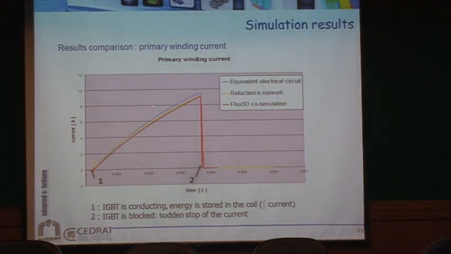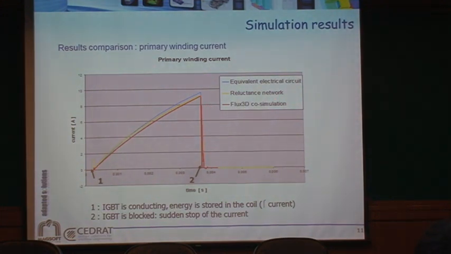And here they are. So this is the current on the primary winding. So we start filling up the current, and then we turn it off. Equivalent circuit, that's where it gets here. Reluctance network, you can see, I told you it's pretty close actually. And flux, this is the full complicated simulation.